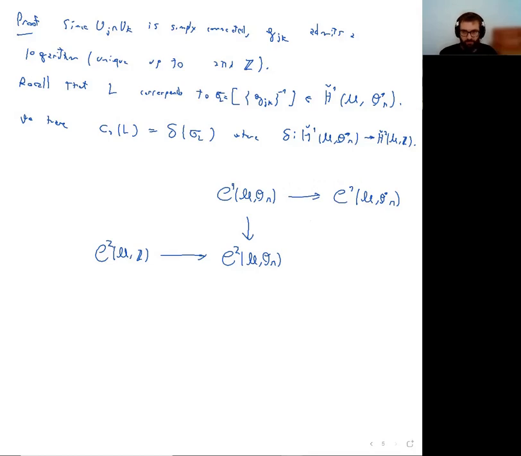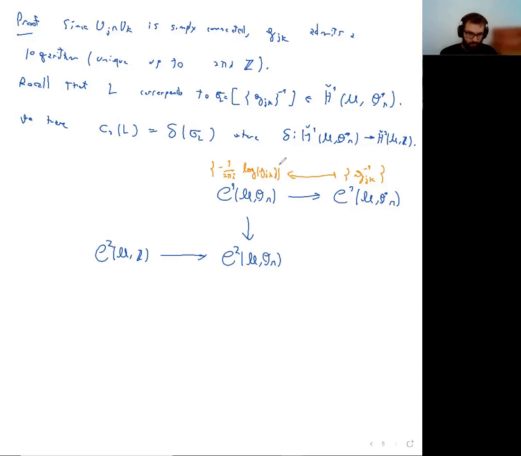Okay, so we start from here with this g_jk inverse. We want to go back. So what's a possible preimage here? Well, it's simply minus 1 over 2 pi i log g_jk.